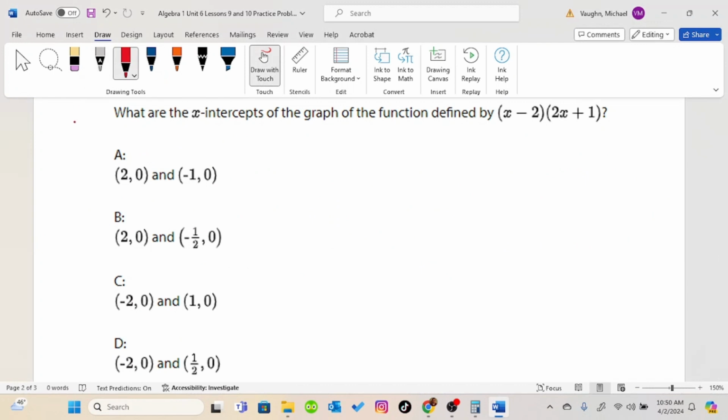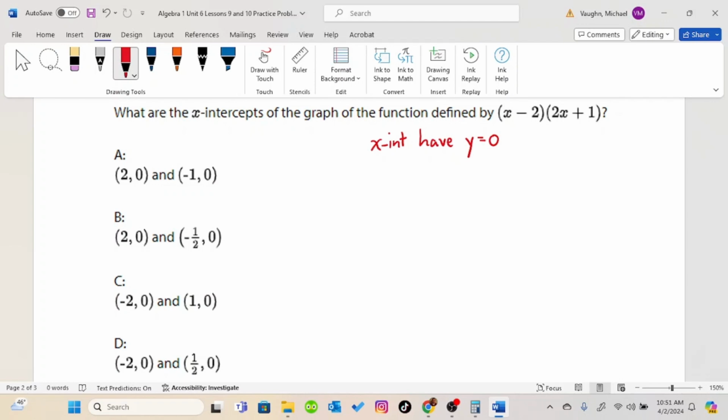What are the x-intercepts of the graph of the function defined by (x − 2)(2x + 1)? So remember, x-intercepts have y equals 0.